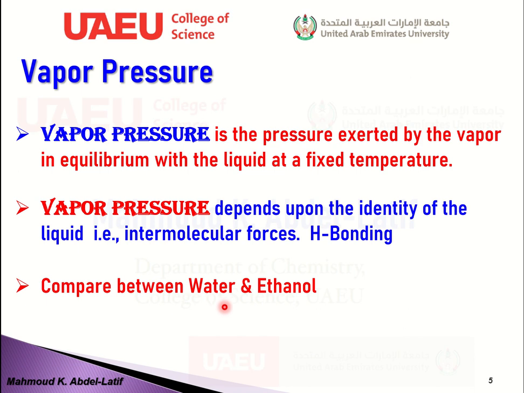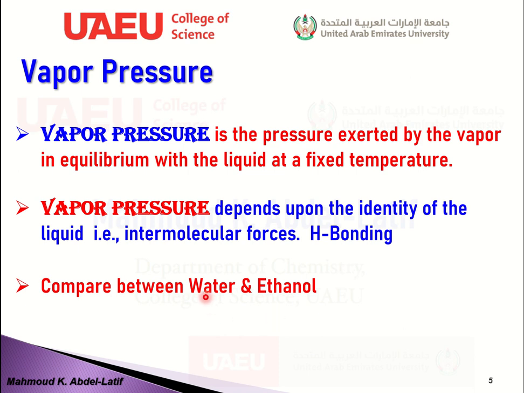Especially for water, there is a huge number of hydrogen bonds between water molecules. As a definition, hydrogen bonding is an electrostatic attraction between the hydrogen atom and any electronegative atom, here especially oxygen. So the number of hydrogen bonds is very, very huge compared to ethanol.